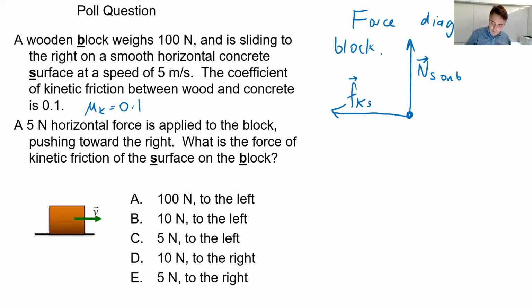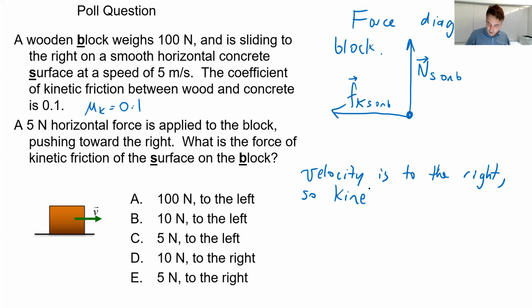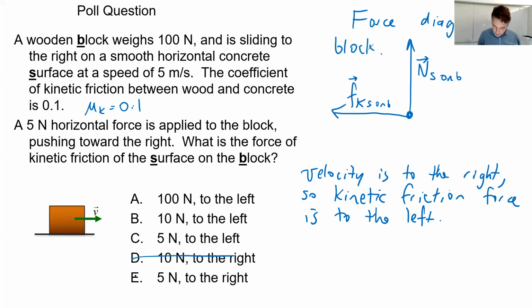The force of kinetic friction of the surface on the block will be opposite the velocity. The velocity is to the right, so the kinetic friction force is to the left. So I can already cross out D and E.